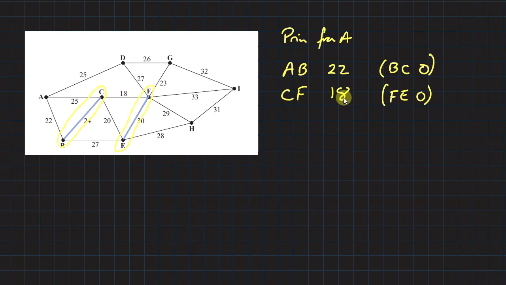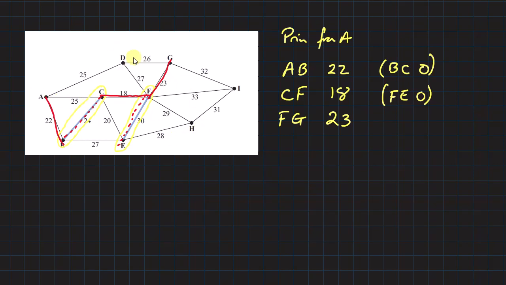Looking through now, what's my next one I can connect? 23, FG. So what I've actually grown so far was AB, and gave myself BC because of it. Because of that, I could now connect CF, which gave me E because of it, and now I'm connecting my 23 for FG.